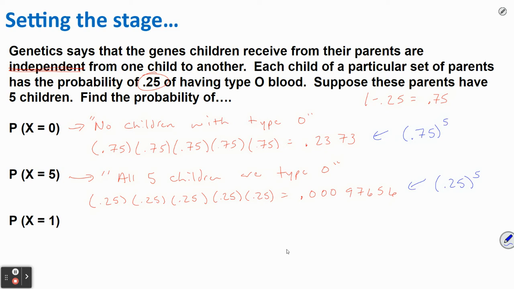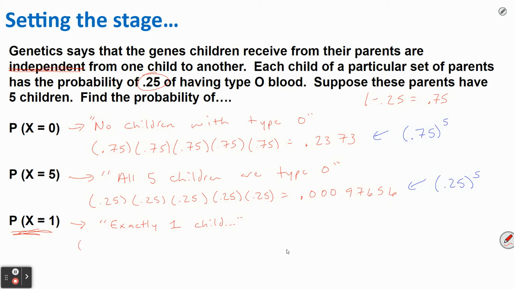Now, let's get at the crux of the issue. The crux of the issue for binomial distributions really starts here, because the problem with having exactly one child with type O blood is that there's a bunch of different ways we can do that.